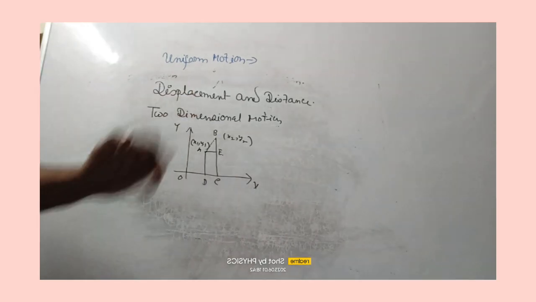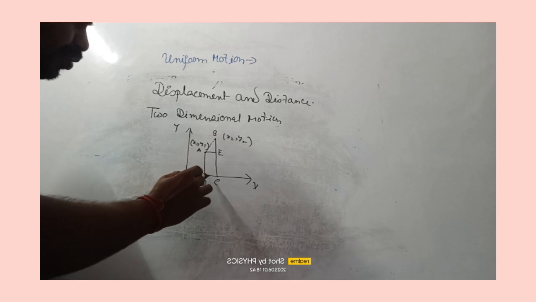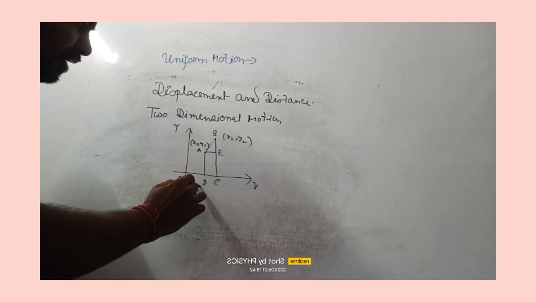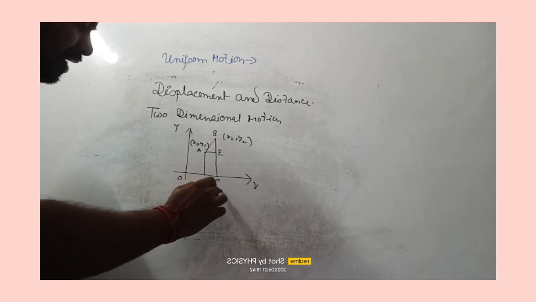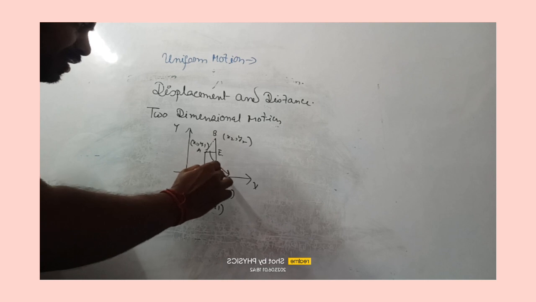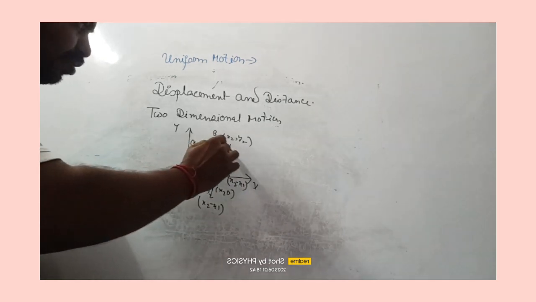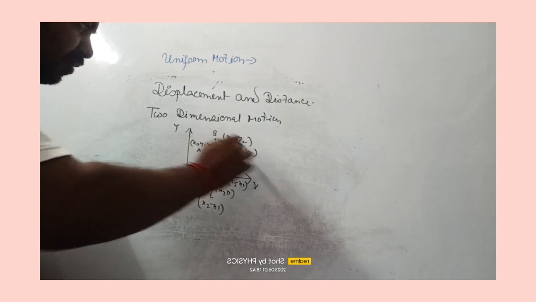Now we have to find AB. How to find AB? From D to C, this point is x1, 0, and that is x2, 0. So that is x2 minus x1, and it is y2 minus y1.